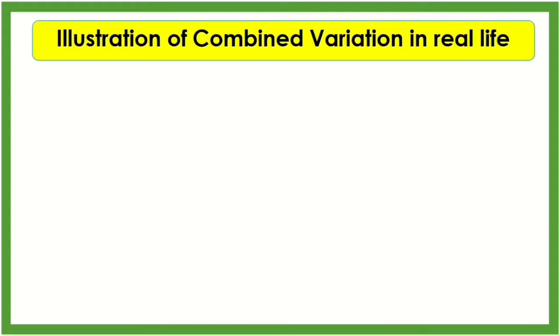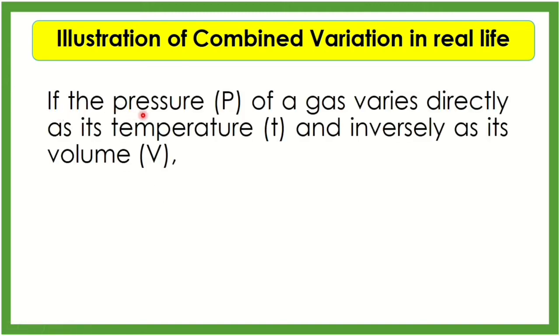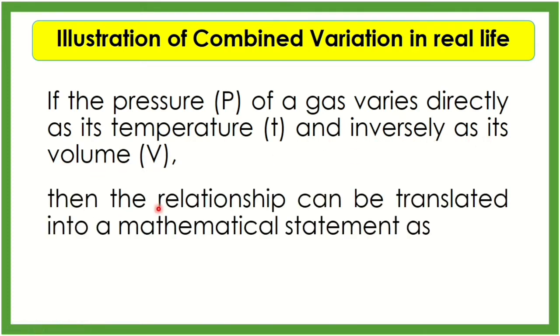Let's have illustration of combined variation in real life. If the pressure P of a gas varies directly as its temperature T and inversely as its volume V, then the relationship can be translated into a mathematical statement as P equals K times T all over V. P is for pressure, K is the constant of variation, T is for the temperature, and V is for the volume.